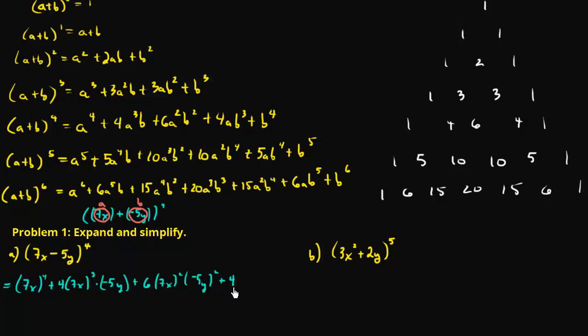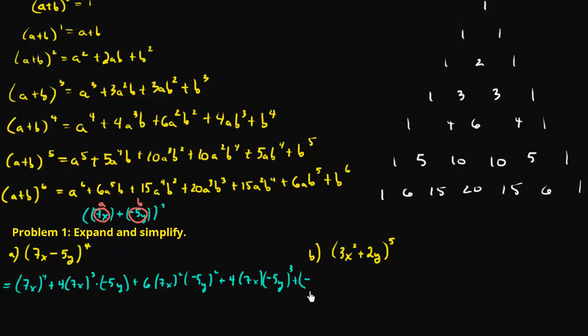Plus 4 times a, and a is 7x, times b to the power of 3. Well, b is negative 5y, so we'll have negative 5y cubed.